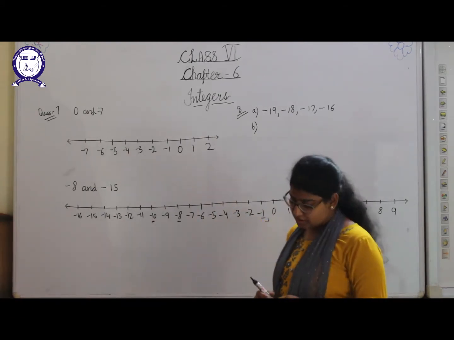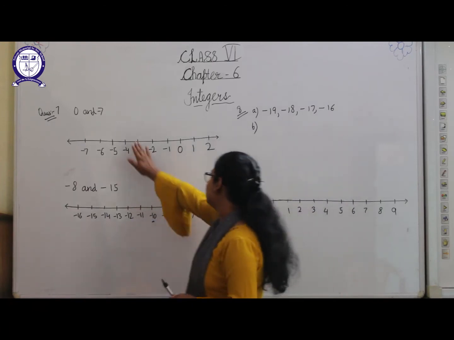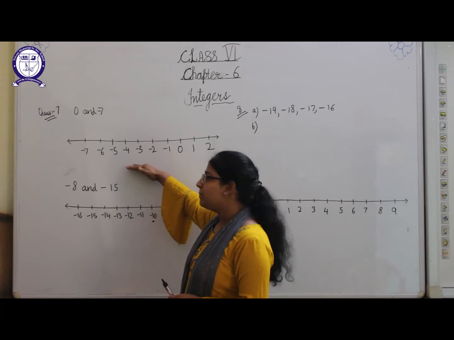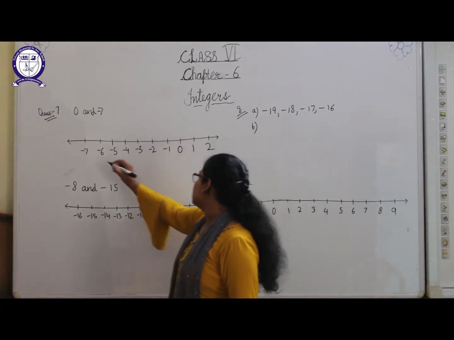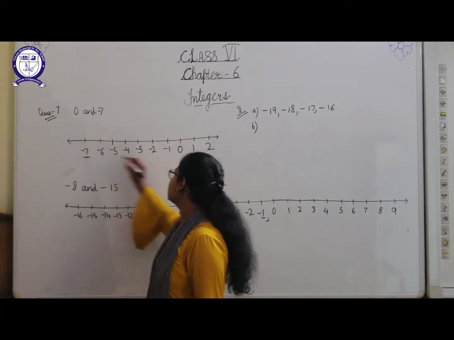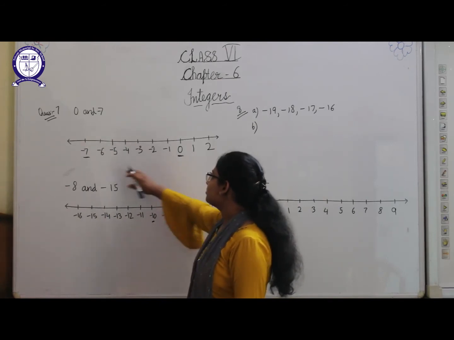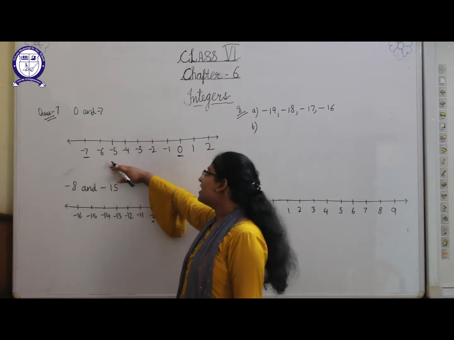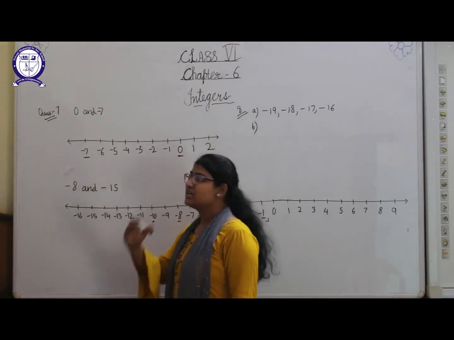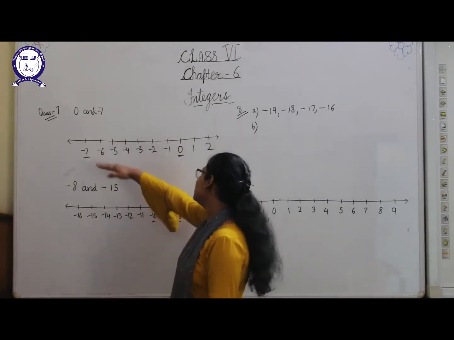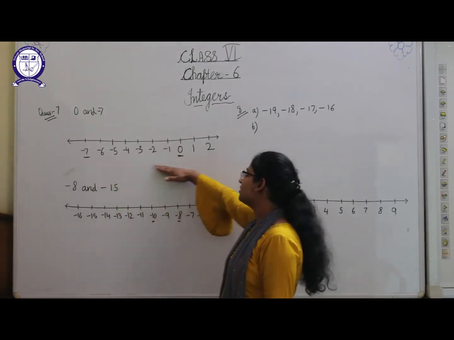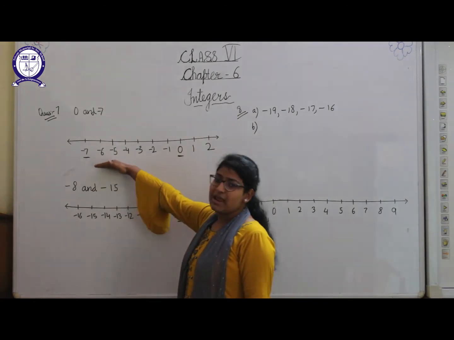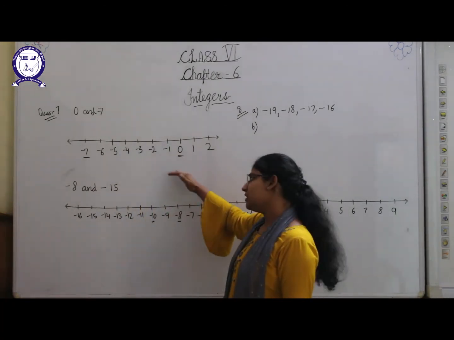Here first is 0 and minus 7. Here I make the number line. Okay, this is minus 7 here and this is 0 here. So these all are the integers between minus 7 and 0. As we have to write in increasing order, we will start from the left and come to the right, because we know that if we come from left to right, the numbers keep on increasing.